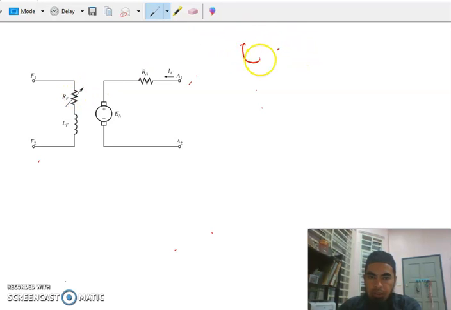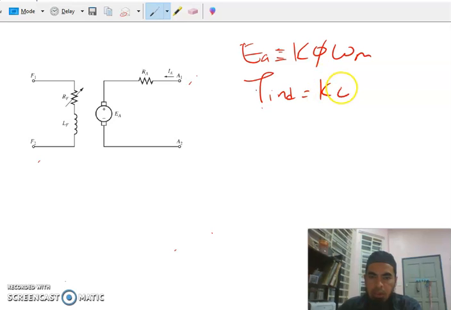It was stated that the internal generated voltage EA is equal to a constant K times omega m, the speed of the shaft. And the other one is the induced torque, which is a constant K times IA.